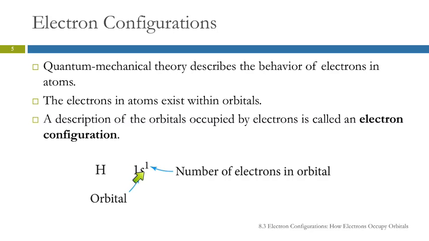So this is the s orbital in the first principal energy level. So the principal quantum number is 1, and m sub l would be 0, because that's the s orbital. The superscript here tells us how many electrons are in that orbital, in the subshell. So here there's just 1.